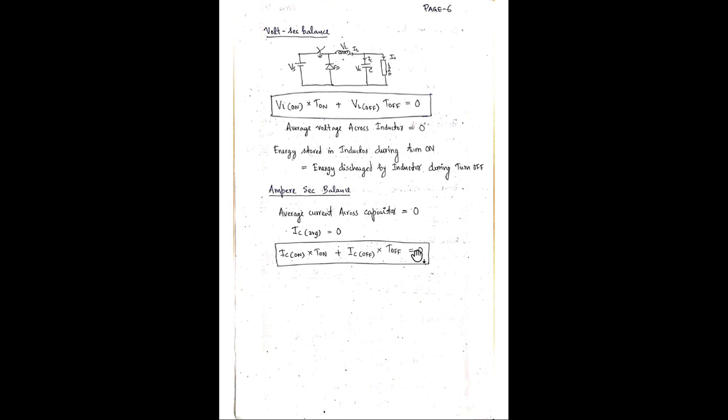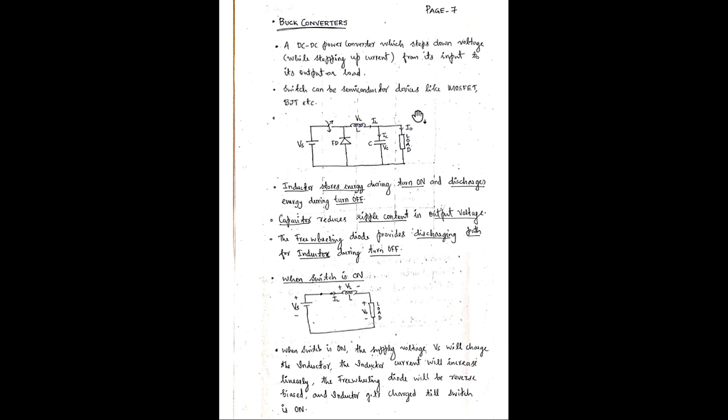Okay, so these two things you keep in mind: volt second balance and ampere second balance. And of the three we have seen, buck converter, boost converter, and buck boost converter, the first one is the buck converter. Buck converter means output voltage will be less than input voltage. It is a DC to DC power converter which steps down voltage while stepping up current.